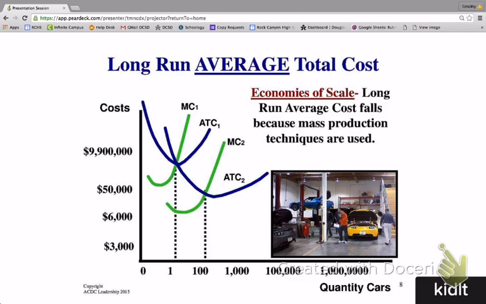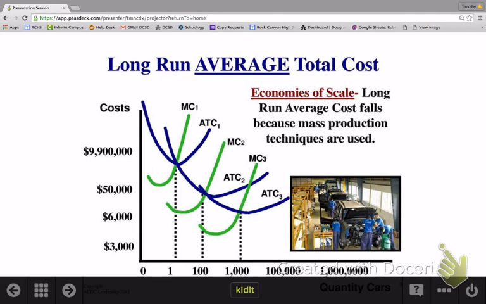And that's why short-run average total cost curve 2 has lower average total cost than short-run average total cost curve 1. And a firm would end up producing more cars in the second average total cost curve than it would in the first one, and it would be doing so at a lower average total cost because of economies of scale.